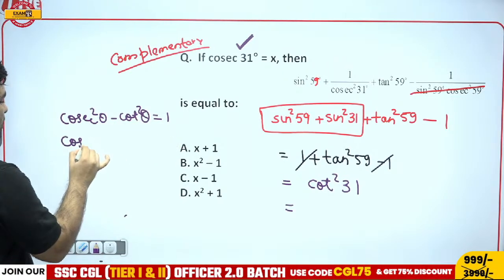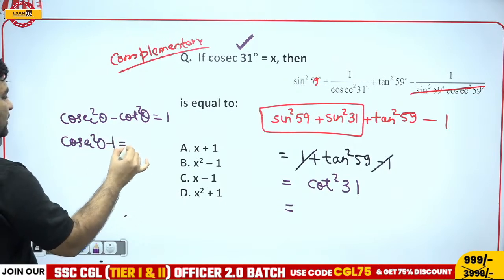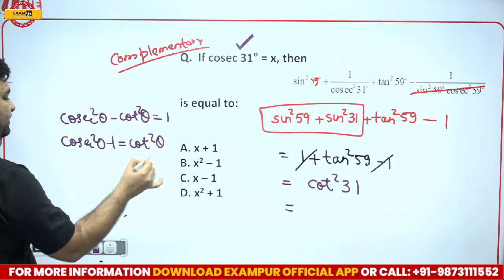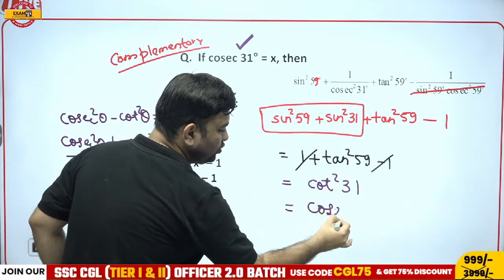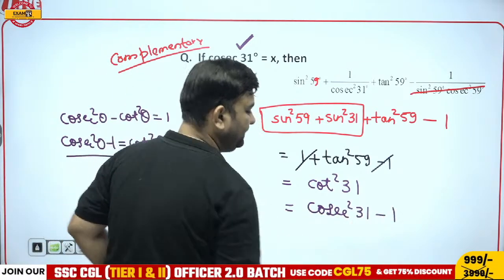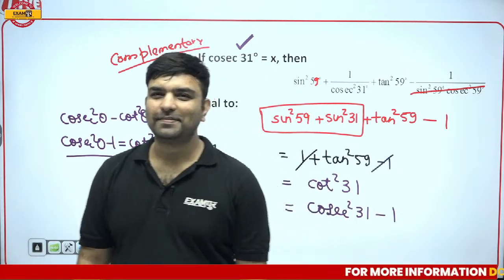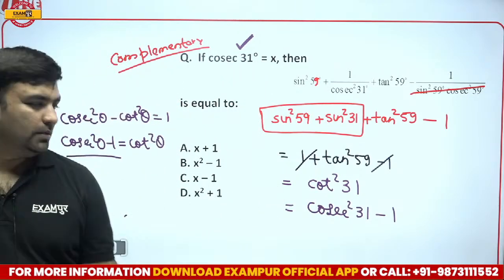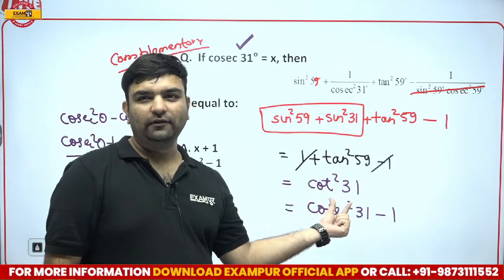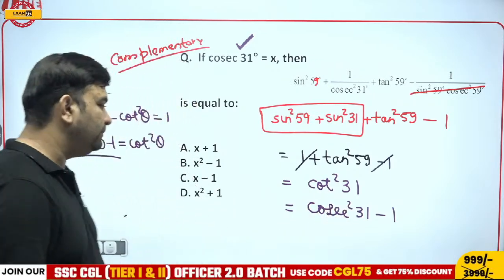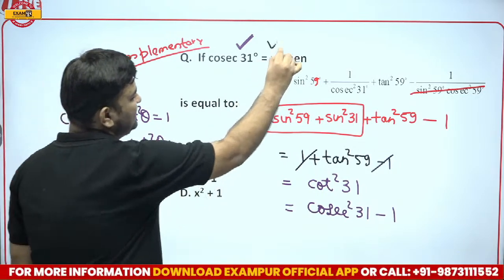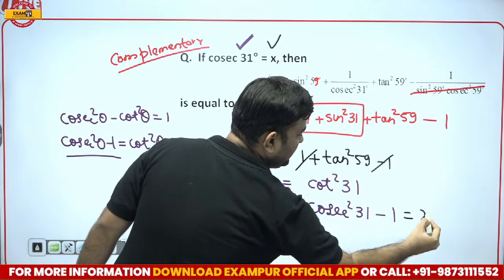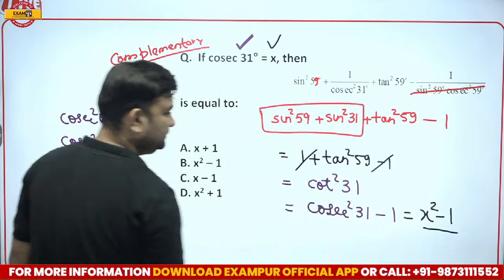So cosec square theta minus 1 is cot square theta. So cot square 31 is cosec square 31 minus 1. Cosec 31 is x, so x square minus 1.